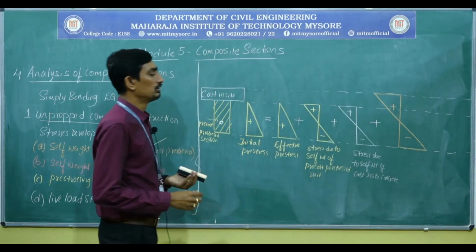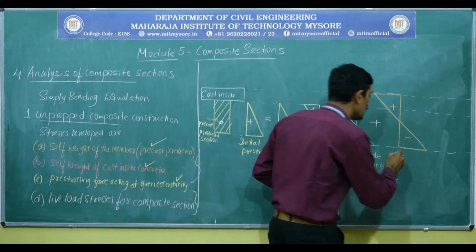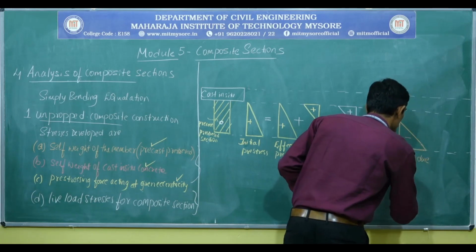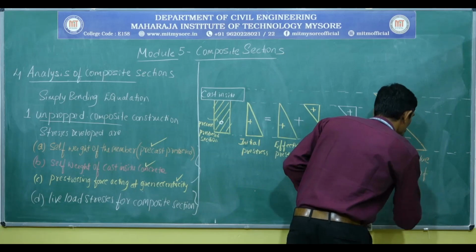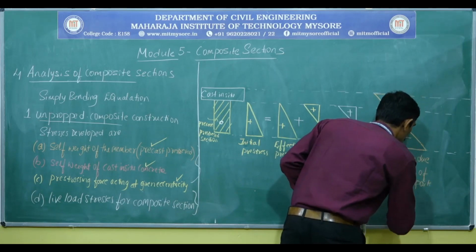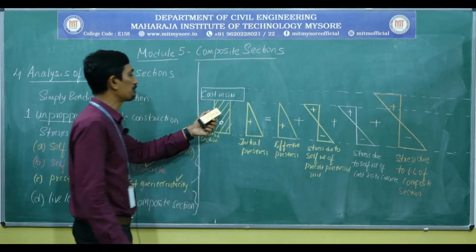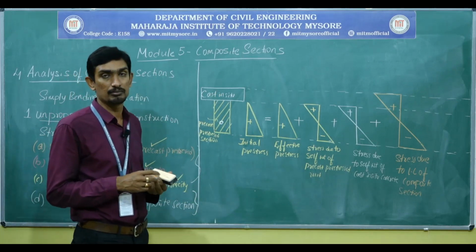So now these stresses will be encountered, stresses due to live load of a composite section, because till the precast and cast in situ are properly joined, it will not be allowed for the movement of traffic.